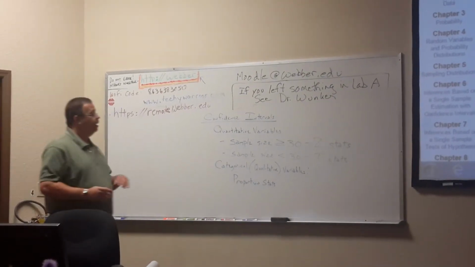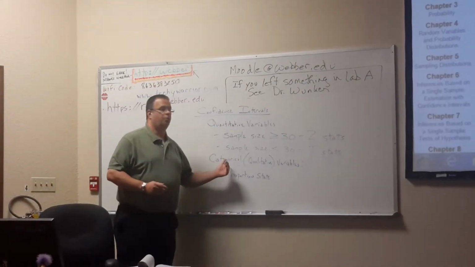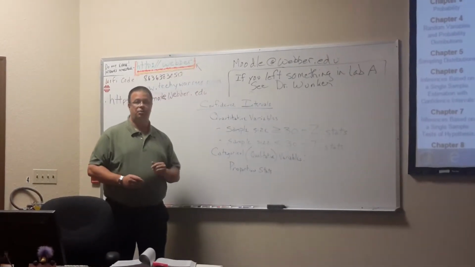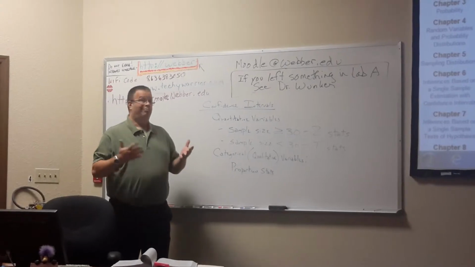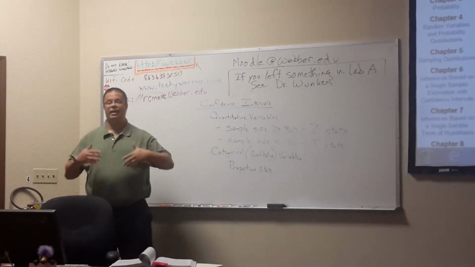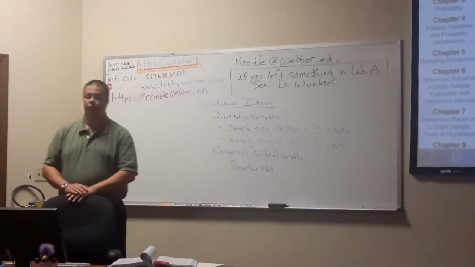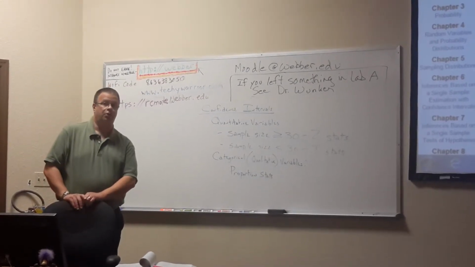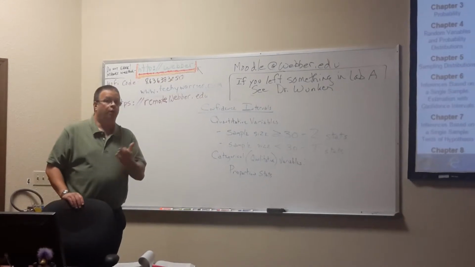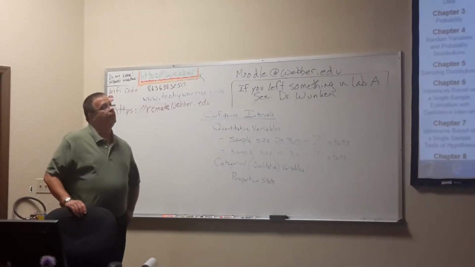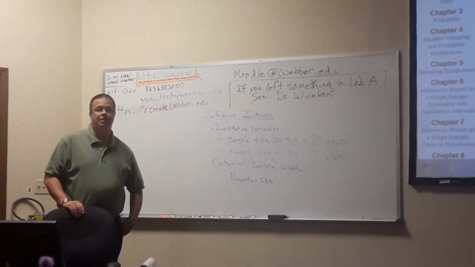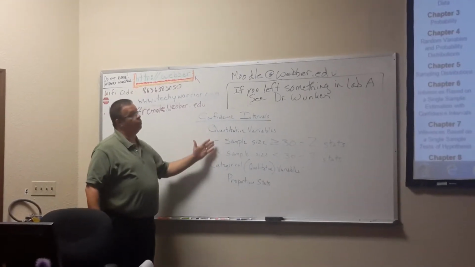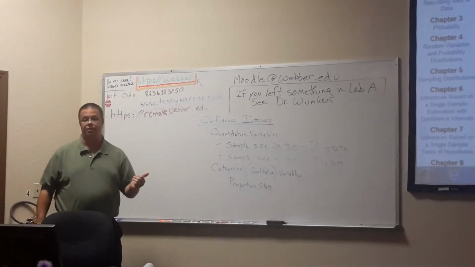Now, fortunately, once we have determined which of those three tests we need to use, the way that we put the information in and the way that we read the output all work out to be pretty much identical. So we really only need to learn one process for using StatCrunch to generate these confidence intervals. We just need to be able to distinguish which of those three options we need to use.